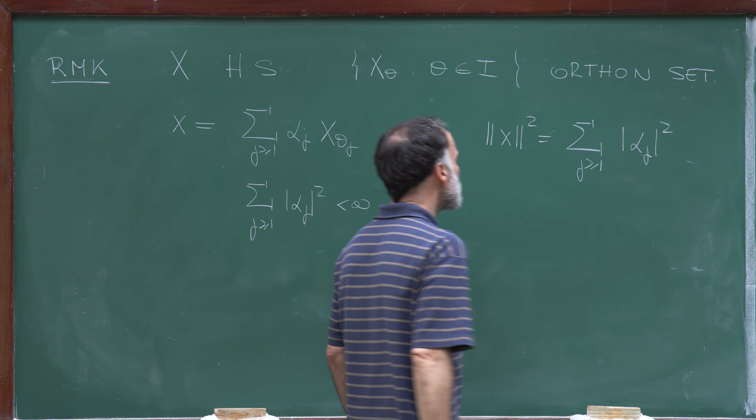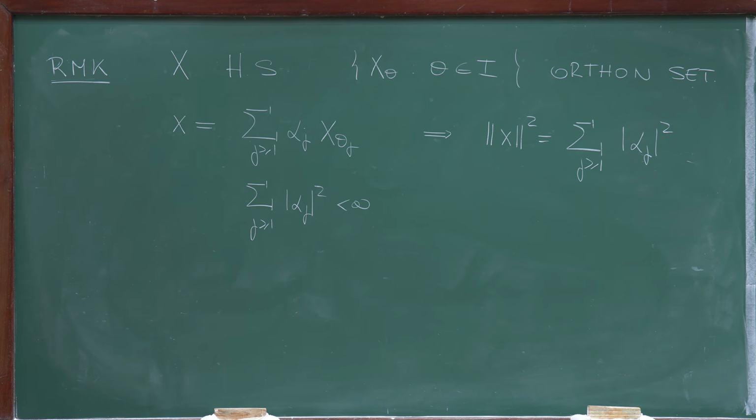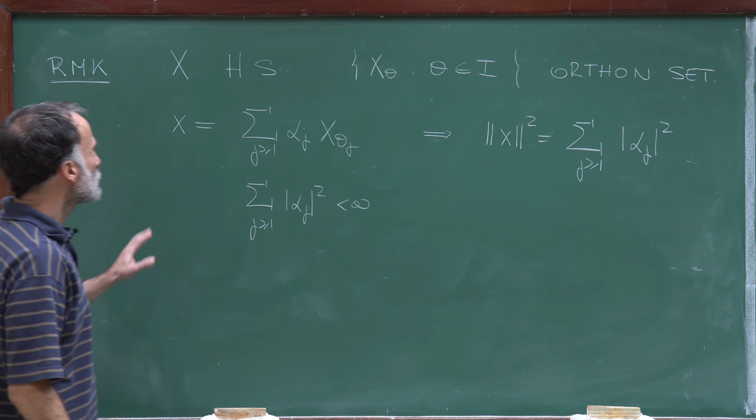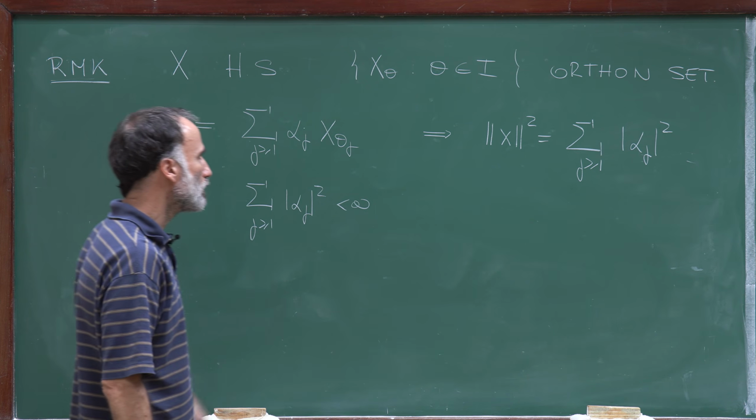So that is an important identity which will be used many times, so it's important to detach it from the proof.